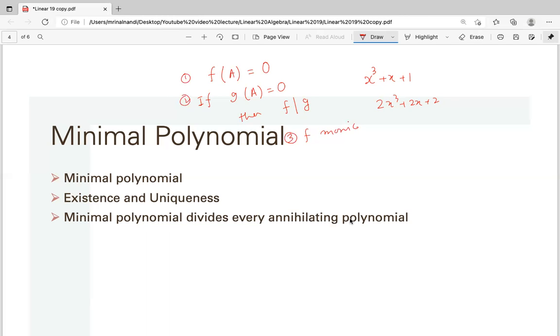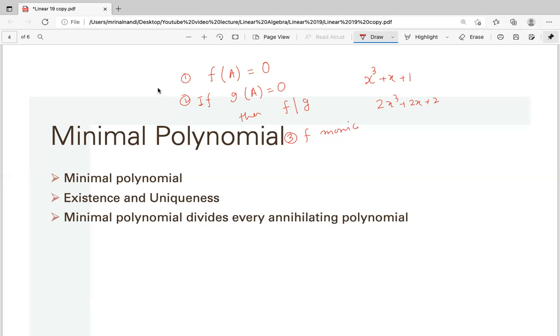Take that and take the monic version of that polynomial. Now there is one question. If it is of least degree and monic, is it a factor of all annihilating polynomials? Does it satisfy that condition?